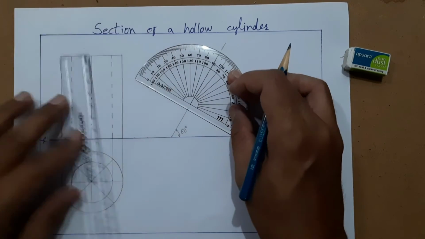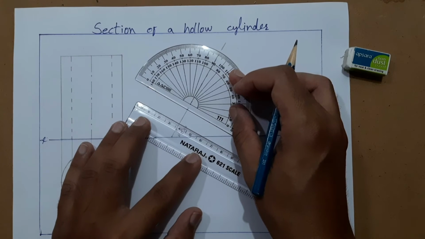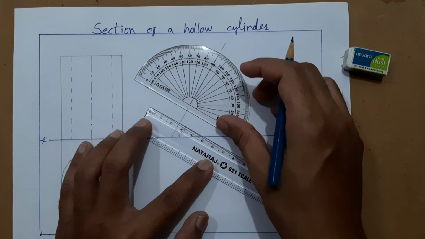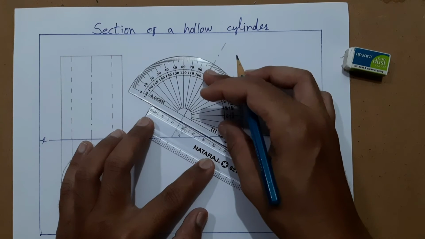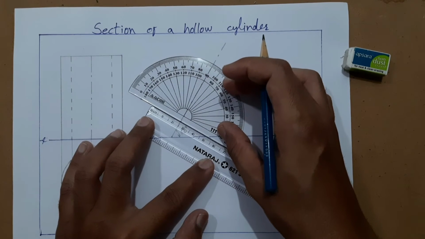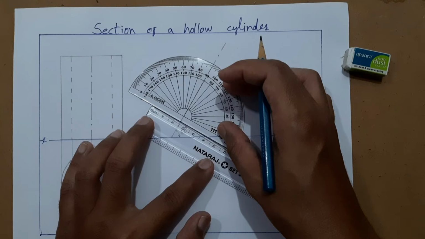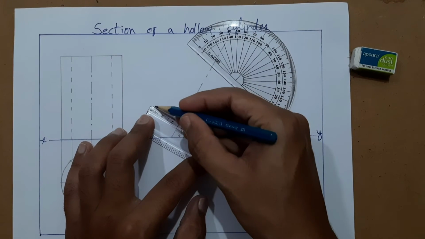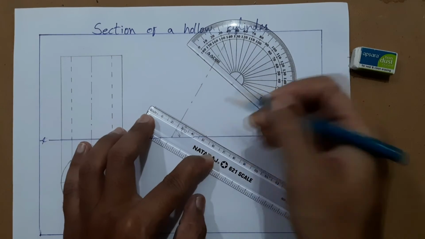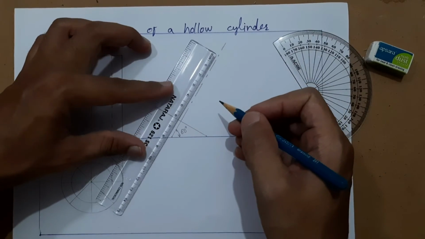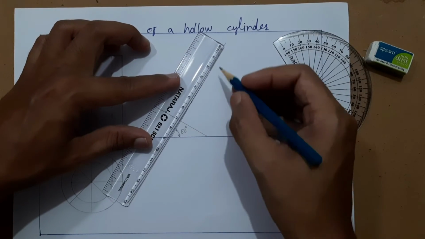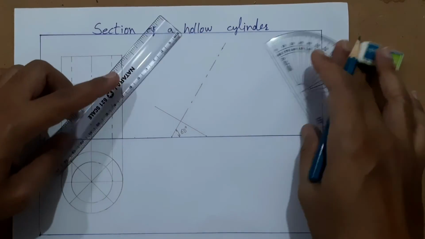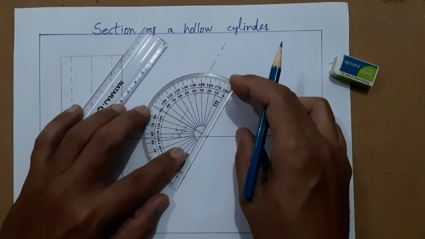Now here you have to set 50 mm. 25 this side, 25 that side. Here 50, here 25, here 25, total 50. And here 70 mm you mark. Maybe it goes somewhere here out of the page. No worries.